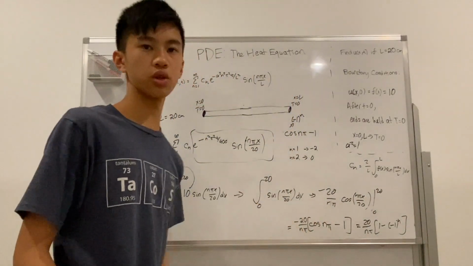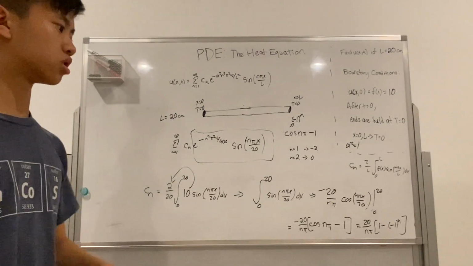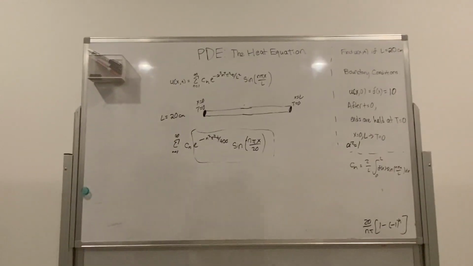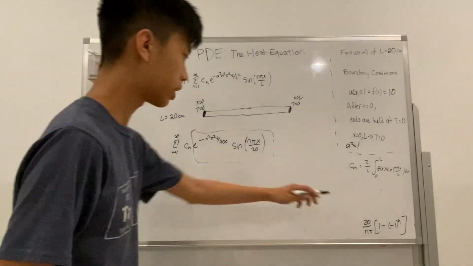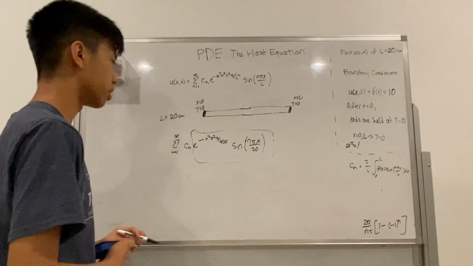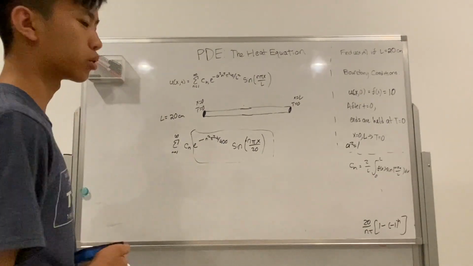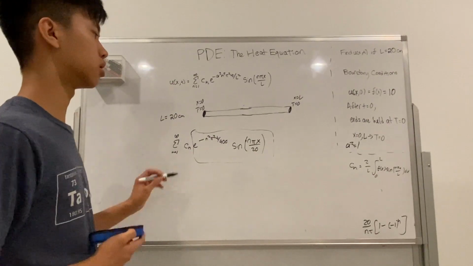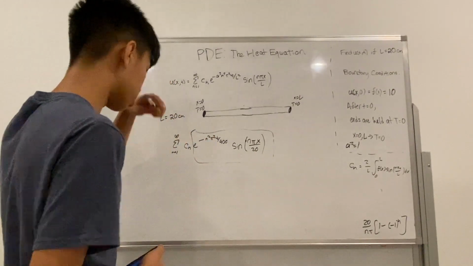So our solution's starting to come together. We have c of n, and we can honestly just plug that right into our solution, but that would look pretty awkward, and there are algebraic manipulations that can be made to make it look a little simpler.